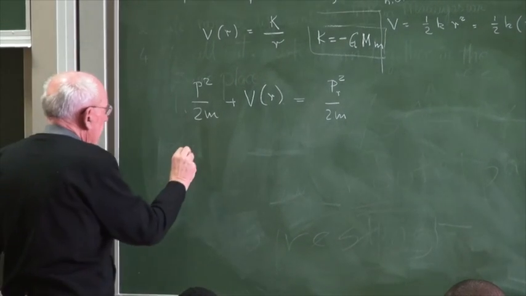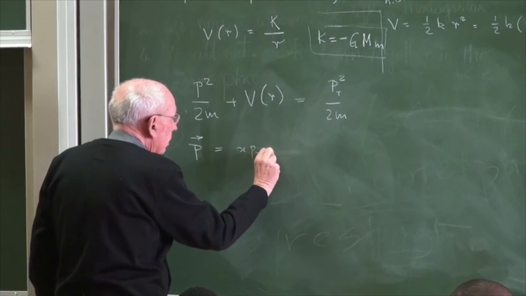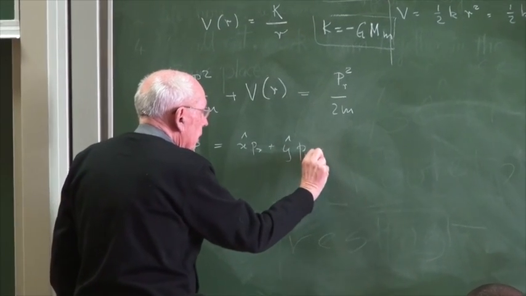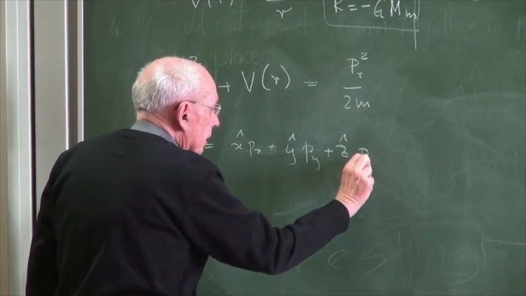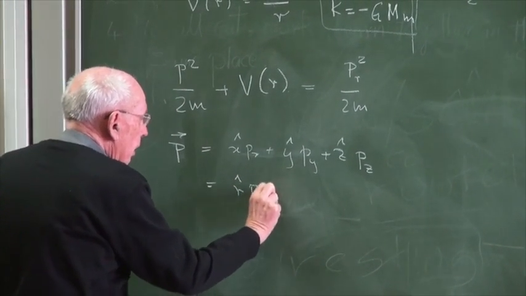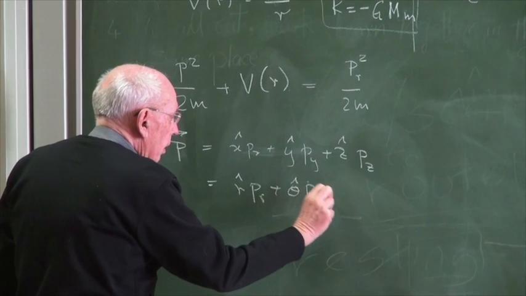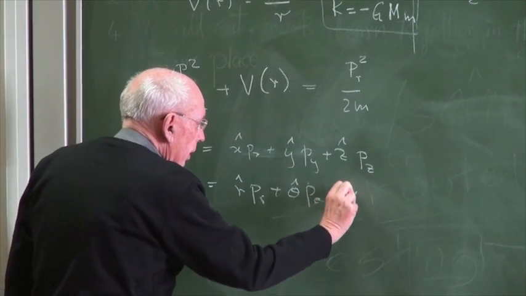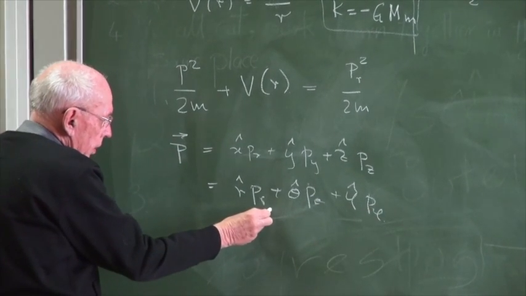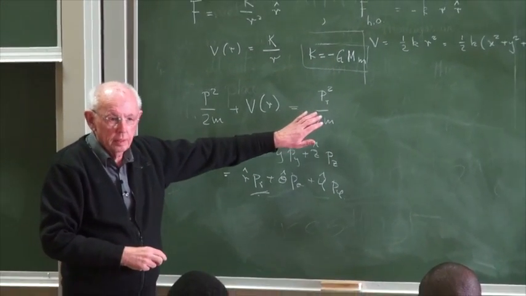You can write a vector p as x p_x plus y p_y plus z p_z, or you can write it as r p_r plus theta p_theta plus phi p_phi. So if I write p_r, I mean that.